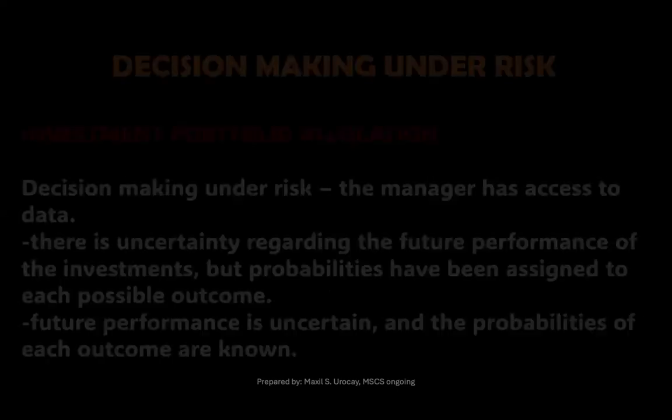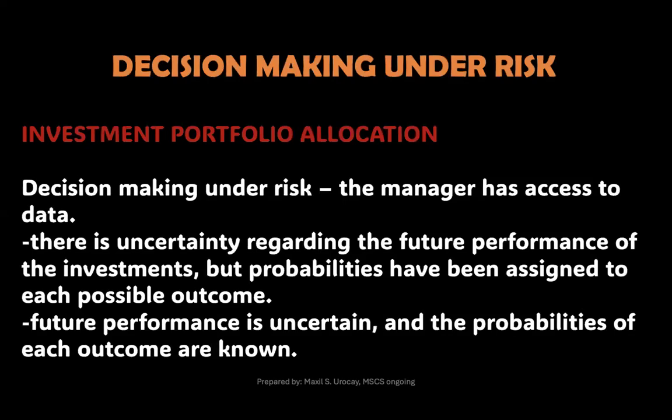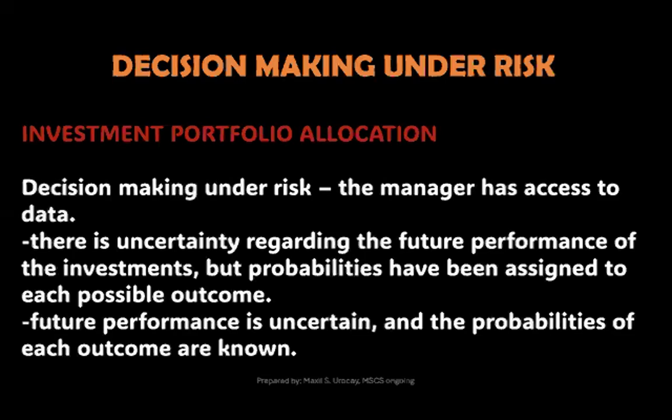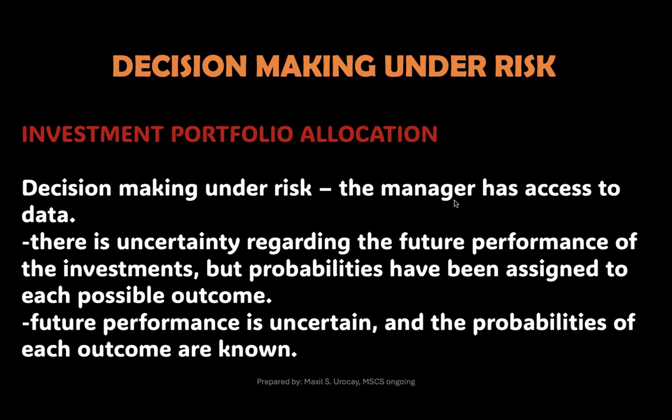For this one, that is decision making under risk, because the manager has access to the data. There is uncertainty regarding the future performance of the investment, but probabilities have been assigned to each possible outcome. So the future performance is uncertain, and the probabilities of each outcome are known. We can certainly say that this is under risk, because while future market performance is somewhat uncertain, historical data already provides known probabilities for different outcomes, like those 60% chances.